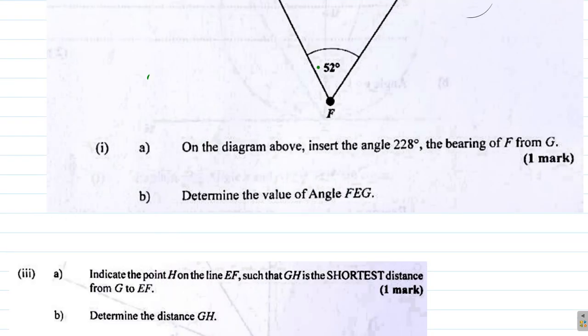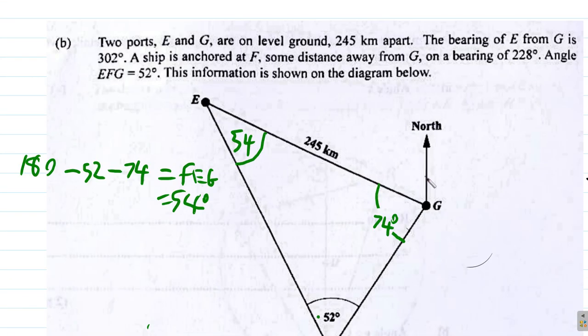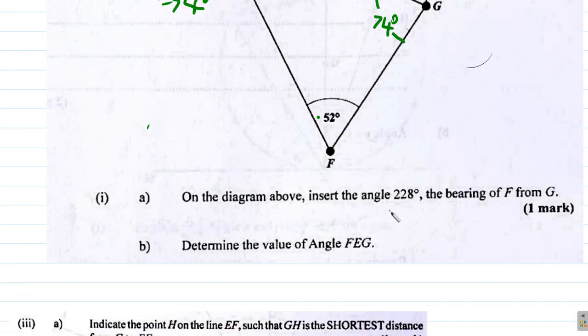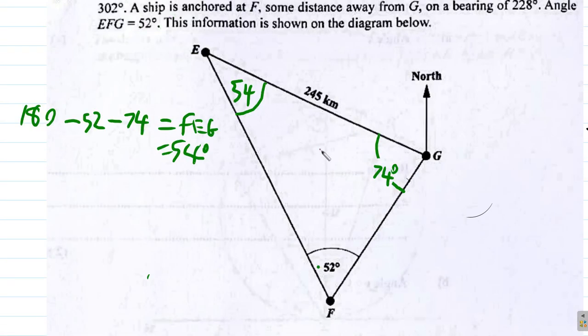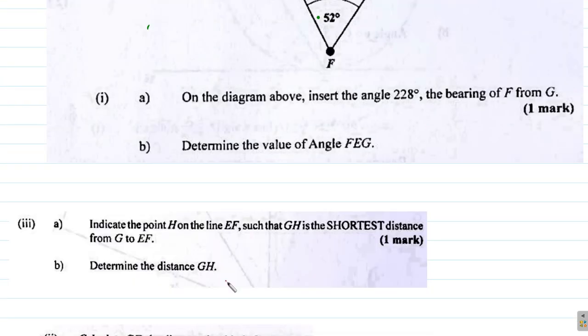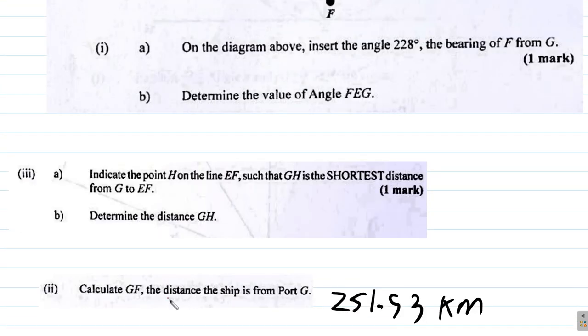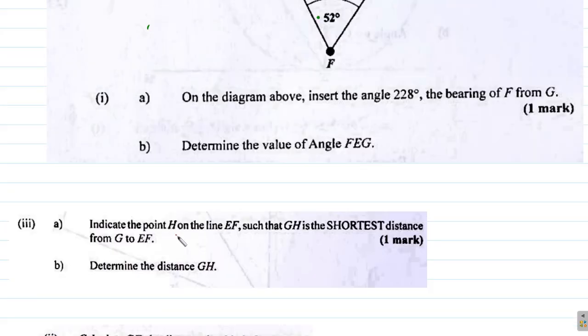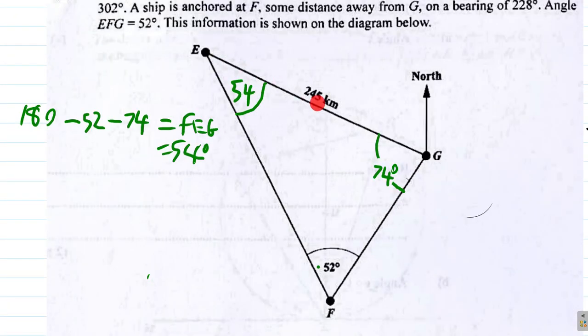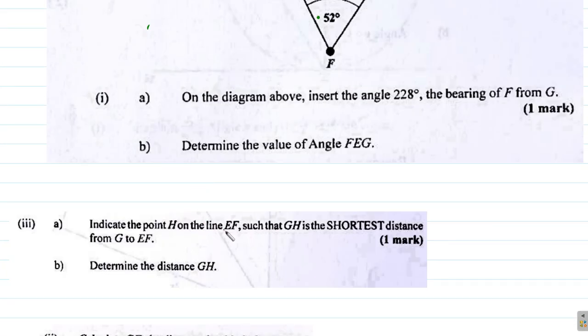Indicate the point H on EF. So you have EF here. There's some point H. Where is it? Somewhere along here, along EF. Oh, it says EF, right.